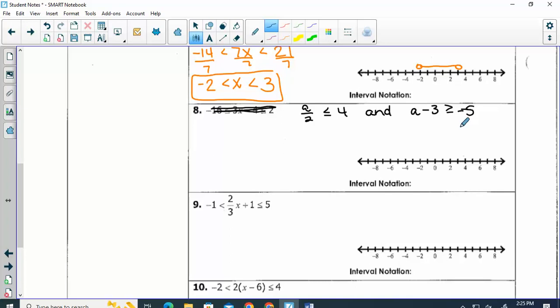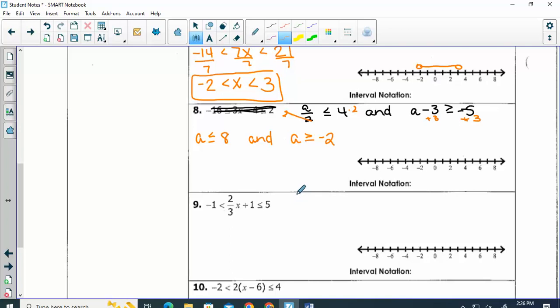So if I'm going to solve this, what would I do for this one? So we have a is less than or equal to 8. And this one, what would we do? So that gives me a is greater than or equal to negative 2.